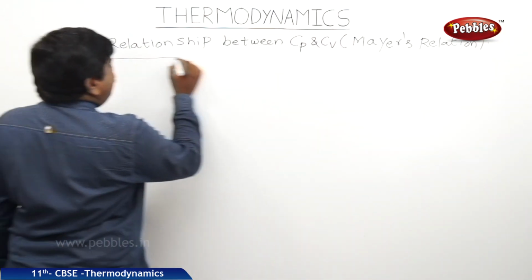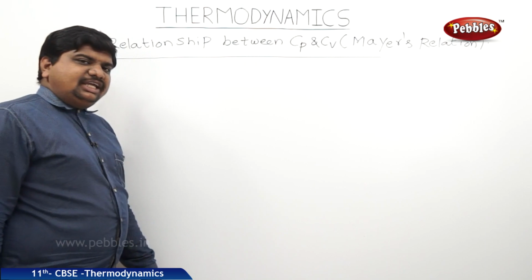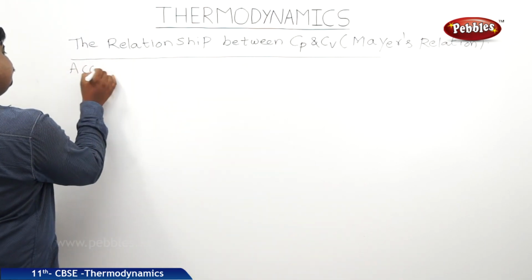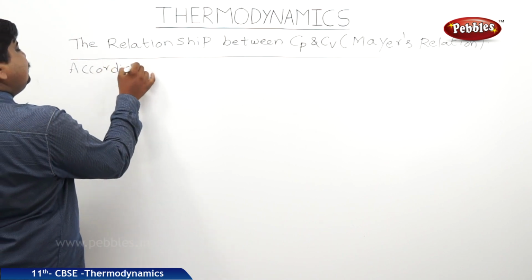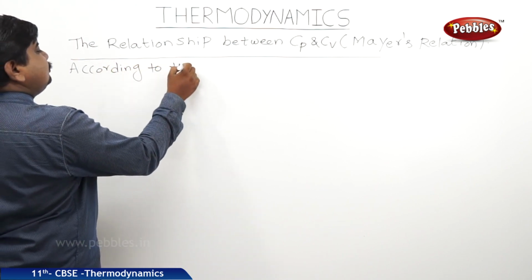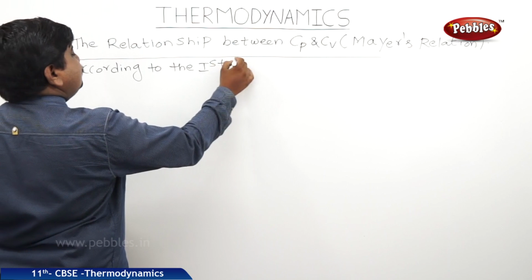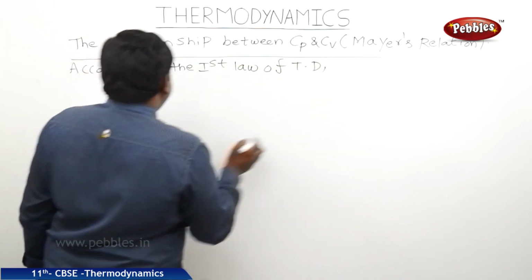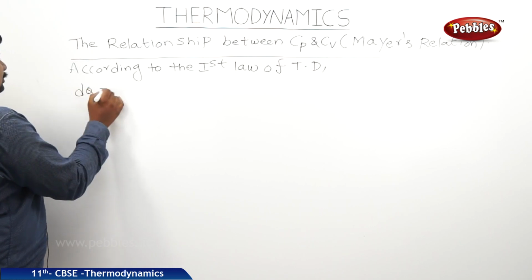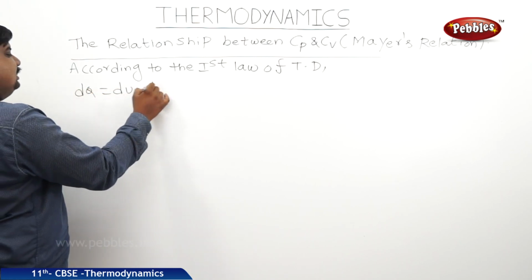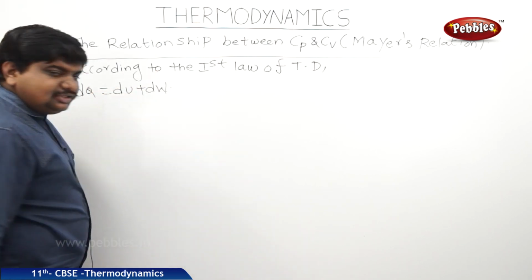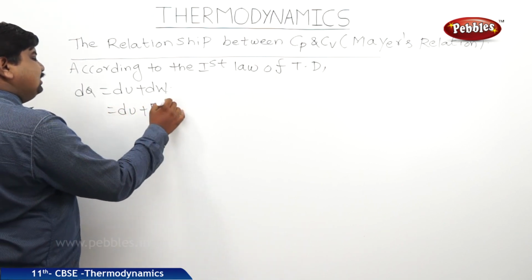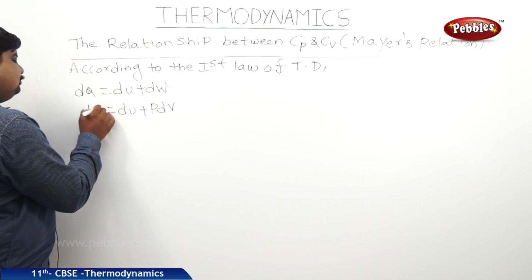According to the first law of thermodynamics, dq is equal to du plus dw. If you change the equation, it will be du plus pdv is equal to dq.